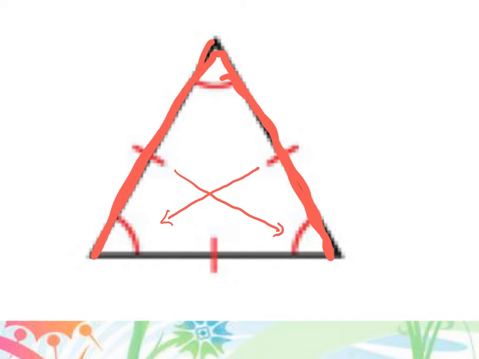Even if you switch the legs, even if you use a different two legs, like this leg and this leg, then this angle and this angle are congruent. It's true no matter what you use. So anything could be the legs, and anything could be the base. In an equilateral triangle, yes, because all the sides are the same and all the angles are the same.